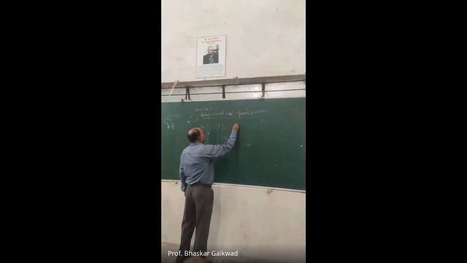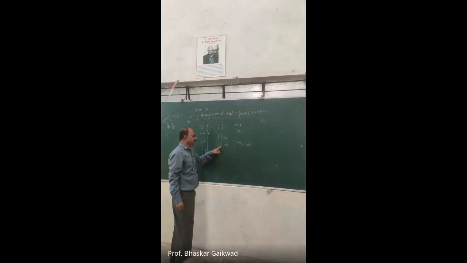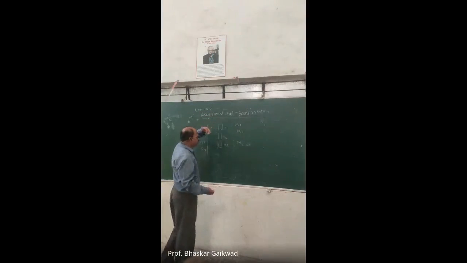Sometimes jobs are there, job 1, job 2, job 3. So shall we assign job 3 here, here or here? Why? So this problem we have to solve under the assignment.